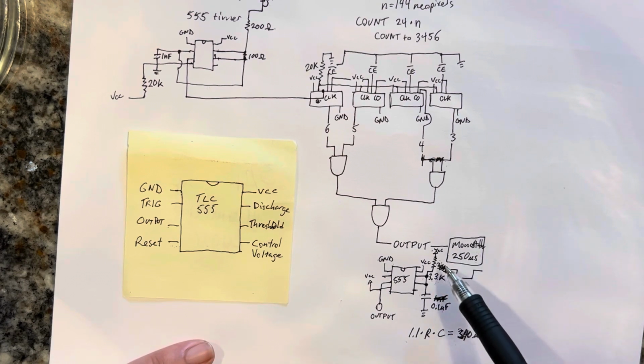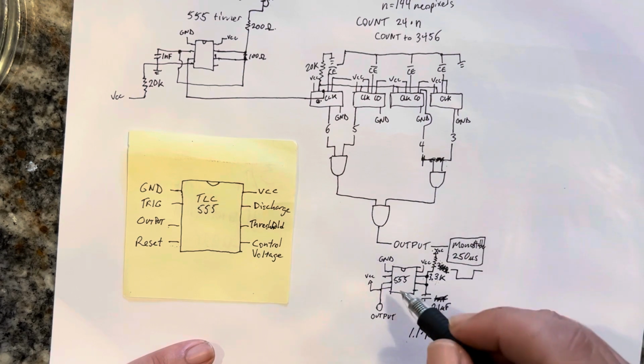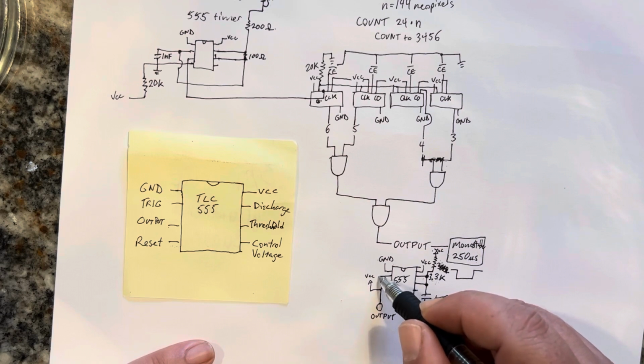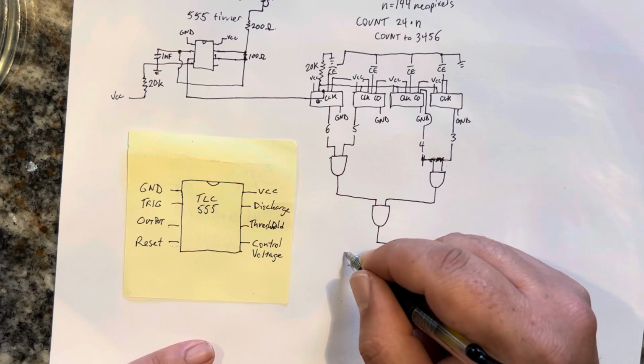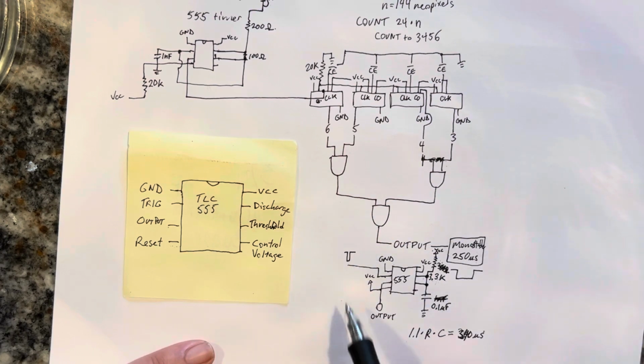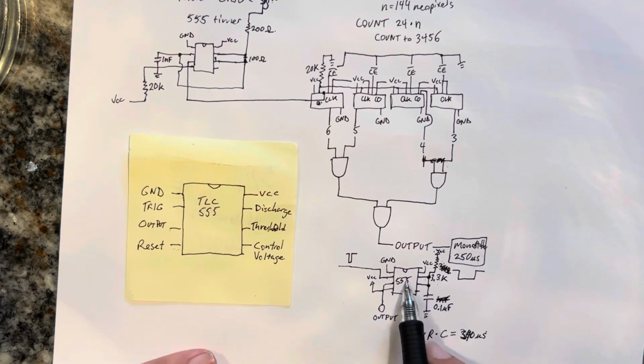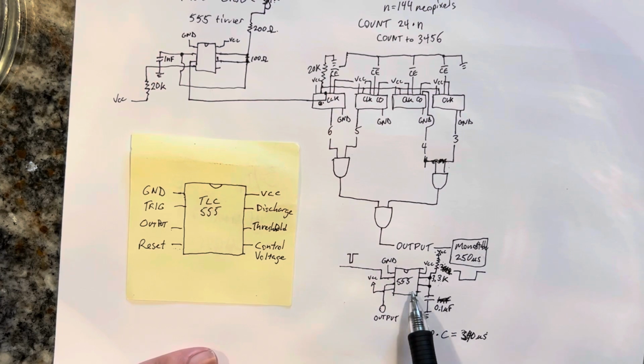The only problem with this circuit is in order to trigger the 555 timer, you need to provide a low pulse for the trigger in order to trigger the monostable to generate an output.